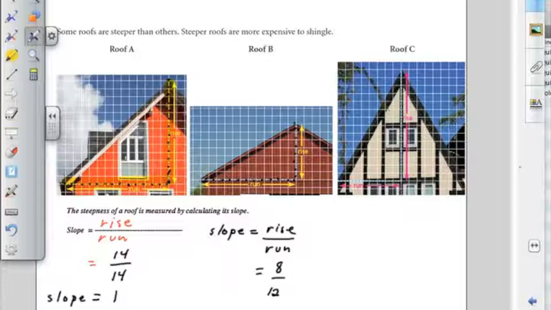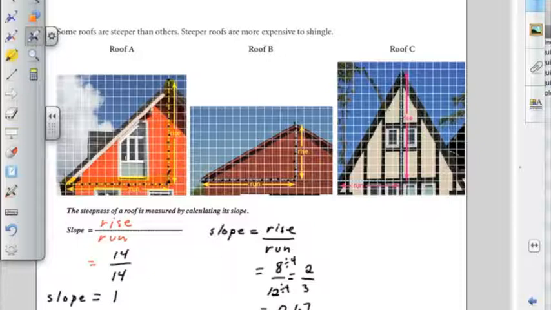So that would be a rise of 8 over 12. Both of those numbers are divisible by 4, so its slope would be equal to 2/3. And 2/3 is approximately 0.67.